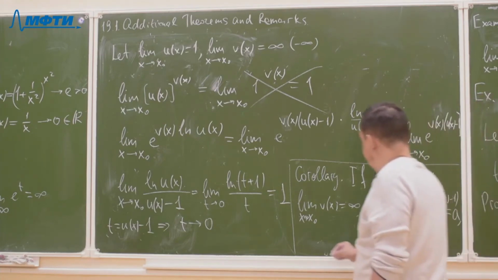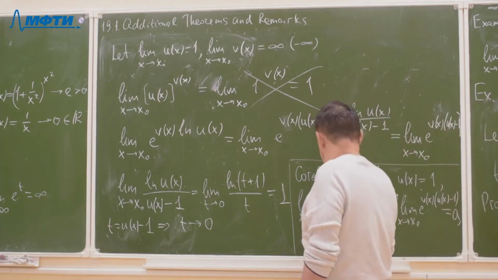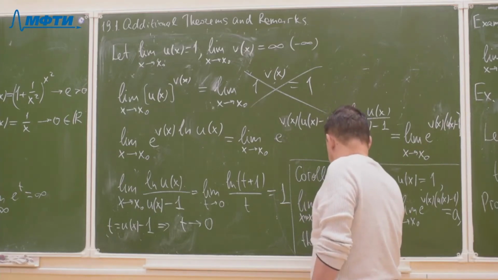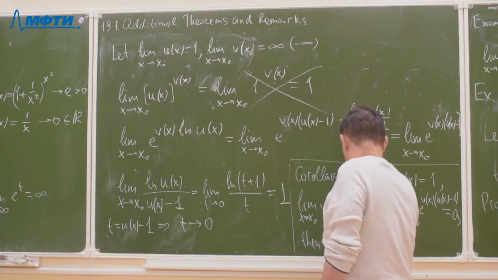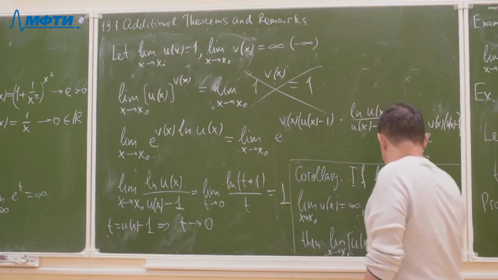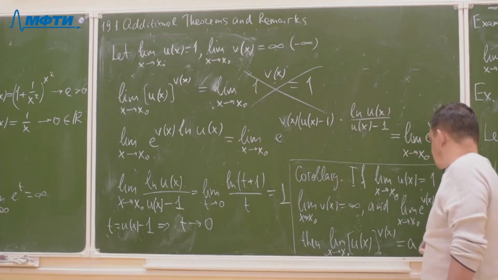Then the limit as x tends to x naught of u of x power v of x equals a.